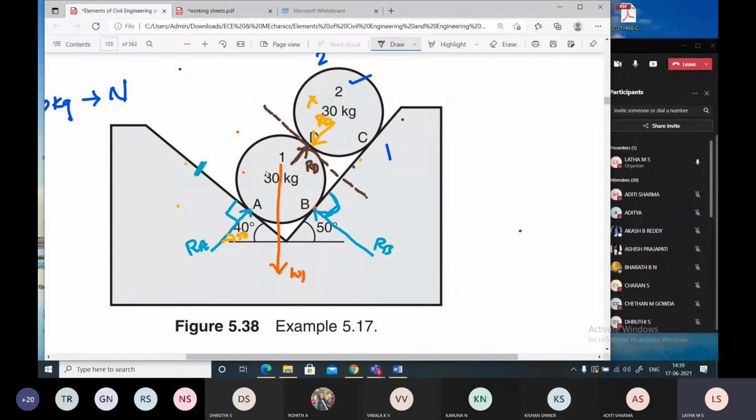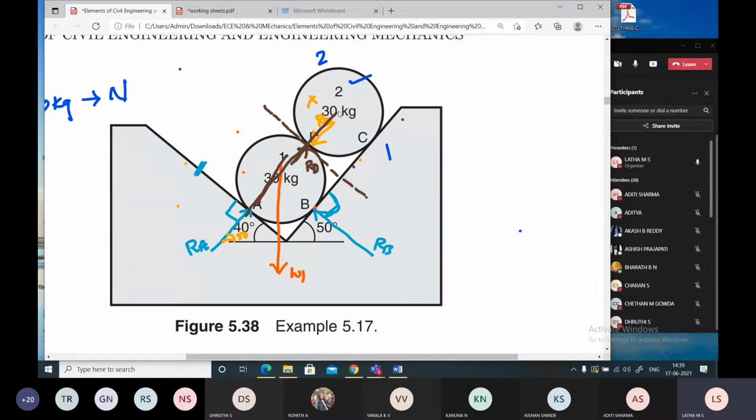Now, if through point D, I drop a line, which is making the diameter of the spheres, this line is the diameter of this sphere and also this sphere. And fortunately, this is parallel to this edge. This edge is inclined at 50 degree. Obviously, this is also at 50 degree.